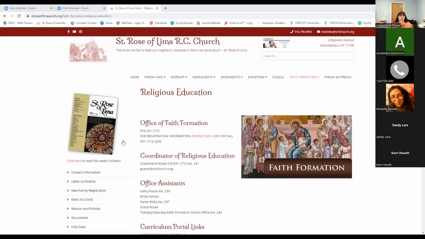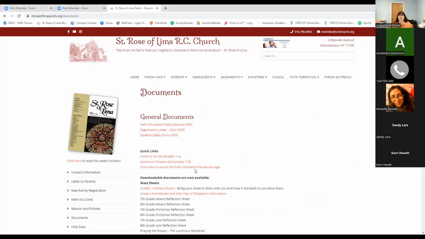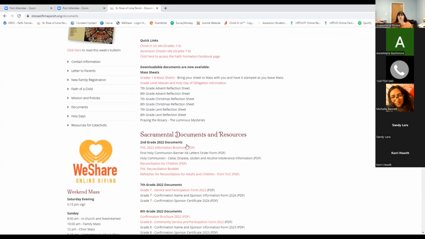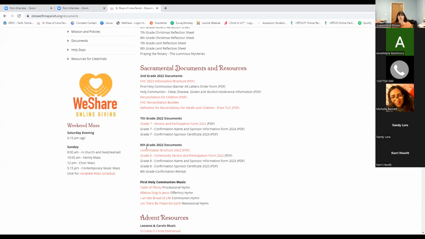Okay. Now on the left side here, you'll notice there's a page called Documents. You click on that, and then under Sacramental Documents and Resources, you will go to the 8th grade documents. This is now going to be updated. You're going to disregard this because this is for this year's confirmation that's taking place this weekend.